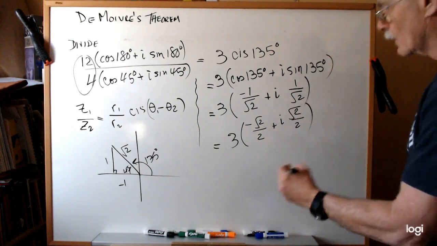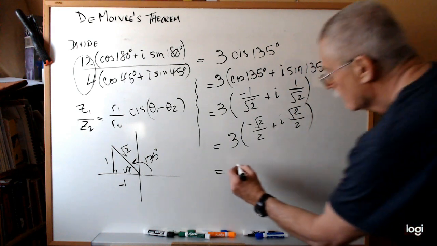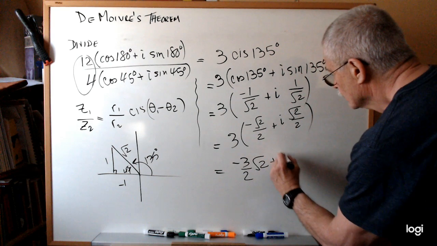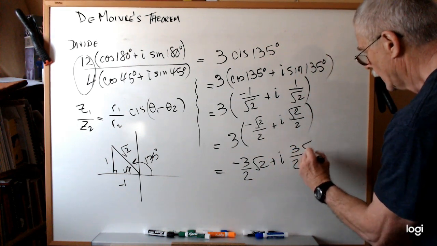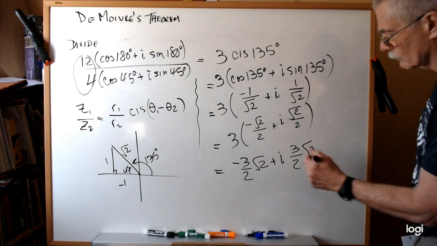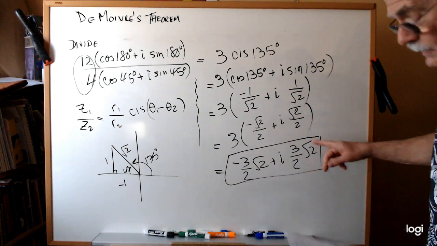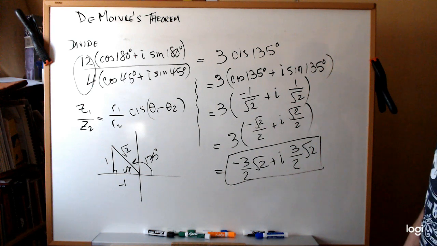And when I multiply by 3, I get negative 3 halves radical 2 plus i 3 halves radical 2. Now you could put the i on the end here. The only difficulty with that is often people are a little bit careless and they think the i is under the radical, which of course it's not.